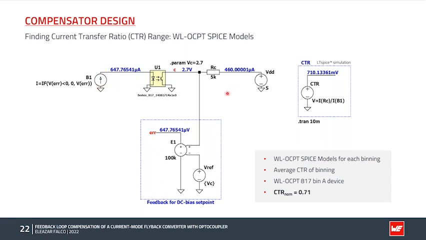Then simply by the ratio between the collector current and the LED current, we can obtain the CTR at this DC bias point. In this case, we set it at 2.7 volt as calculated before, and we obtain a CTR of 0.71.